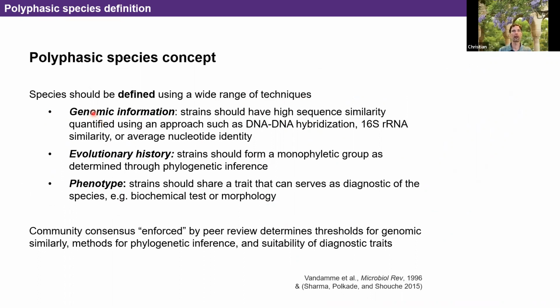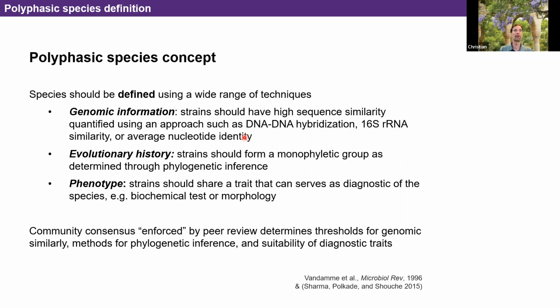First of all, luckily we have a lot of genomic information now, so you can look at the similarity to other genomes. Originally, that was DNA hybridization, then 16S RNA similarity, and now we're working with genomes, so it's mostly average nucleotide identity, ANI, that we can use to delineate a species.